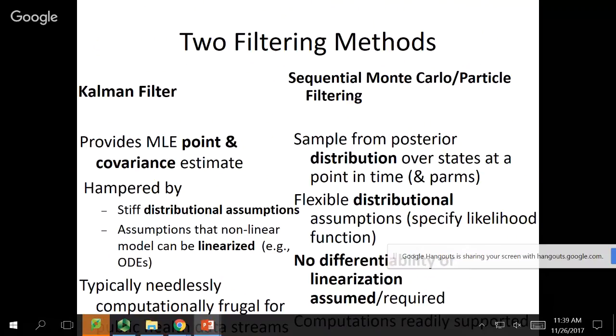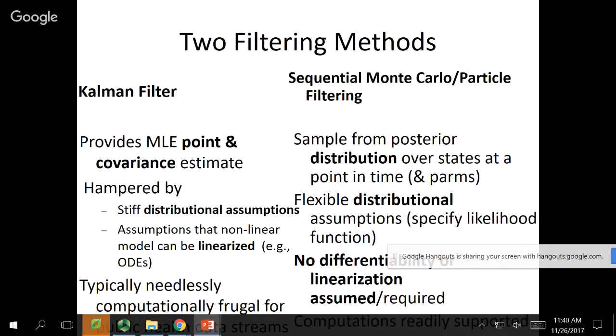We won't go into this in detail, but suffice it to say that particle filtering provides a far more general approach, one that allows us to sample from distributions of the current state and parameter values for parameters that are changing stochastically over time. Whereas the Kalman filter provides a single point estimate and covariance around it using what are called maximum likelihood estimate methods.